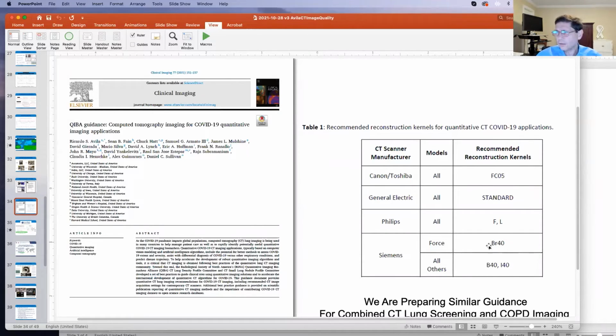And so what this does is it helps the field focus on a few standard kernels, not to promote GE, but because that's the name of their kernel. What it says is, hey, we're the quantitative imaging community and we're relying on these kernels to remain stable and to exhibit the kind of qualities that we expect, not high levels of edge enhancement.